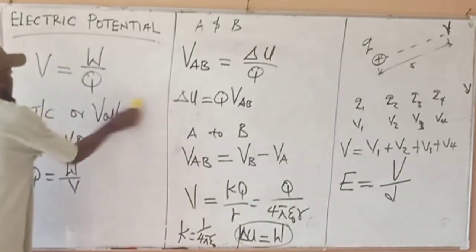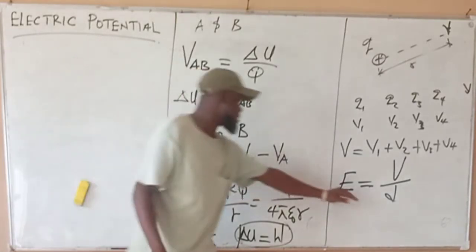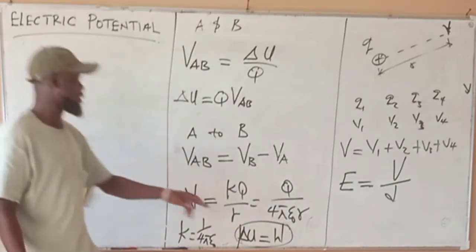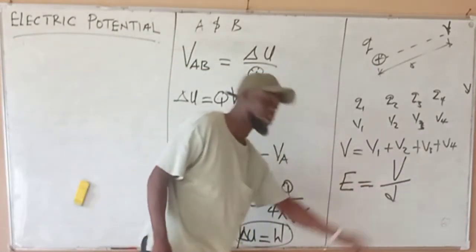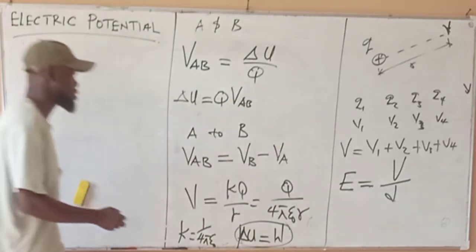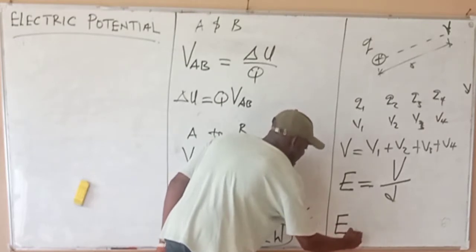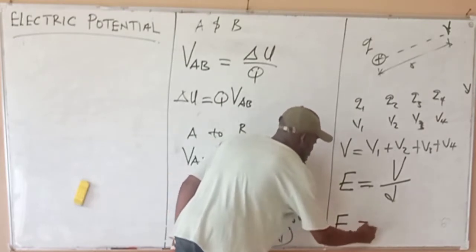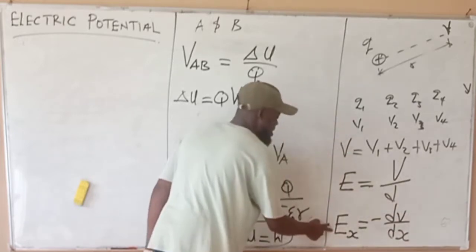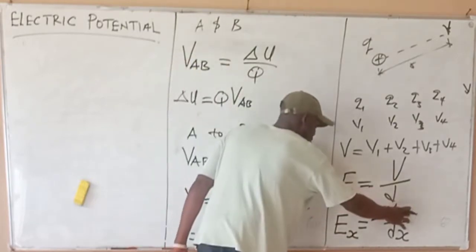On expressing this relation using differentiation calculus, we say E at any distance x will be minus dV over dx.